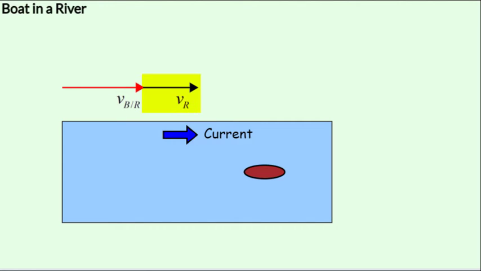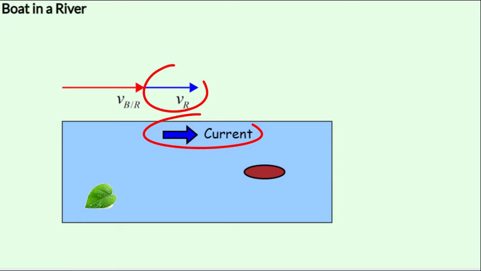The blue vector VR is the velocity of the river, which is assumed as the velocity of the river with respect to the ground. So if there was a leaf floating on the river, then the leaf would move with a velocity of VR meters per second to the right. If there was no current, the leaf would not move, otherwise it would move at the same rate as the current.